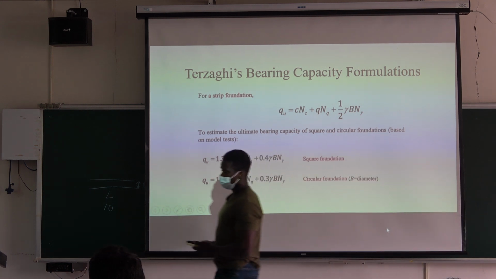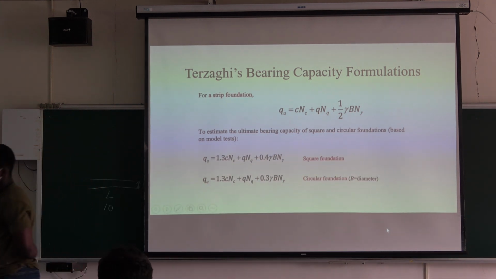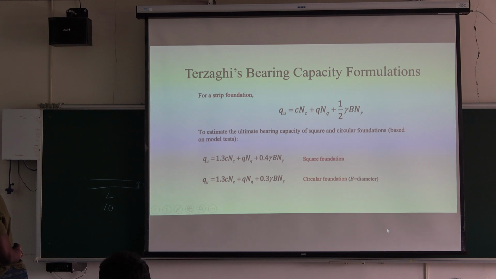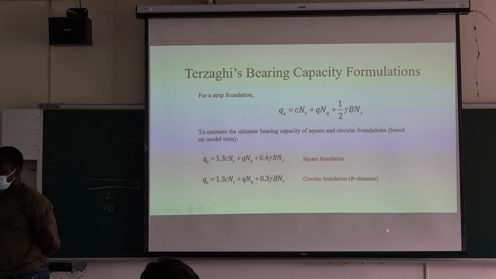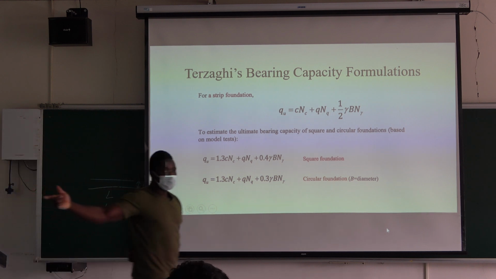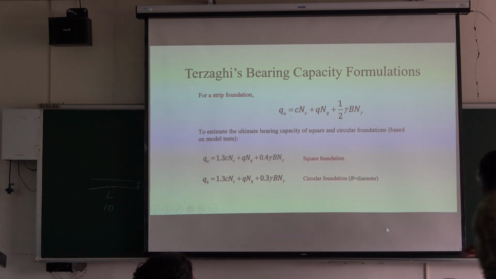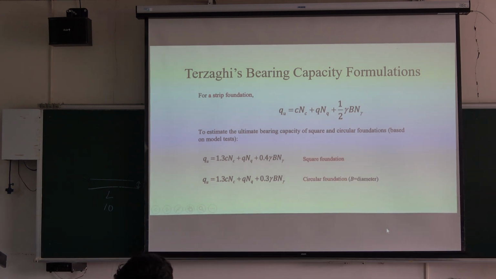How do we apply these formulas in case that we have different layers? We add the unit weight. You may be thinking the only problem here is to find the Q, right? How do you find the Q here? Q is gamma multiplied by Df, right?